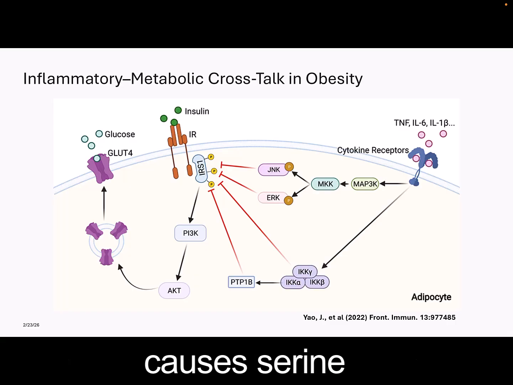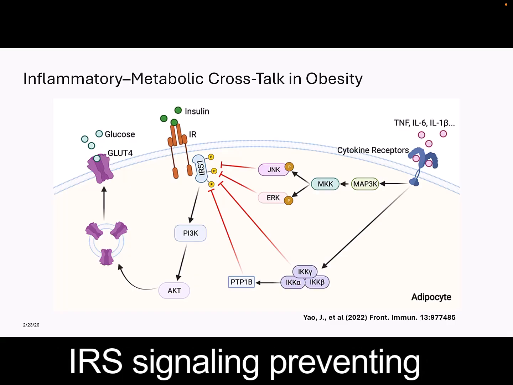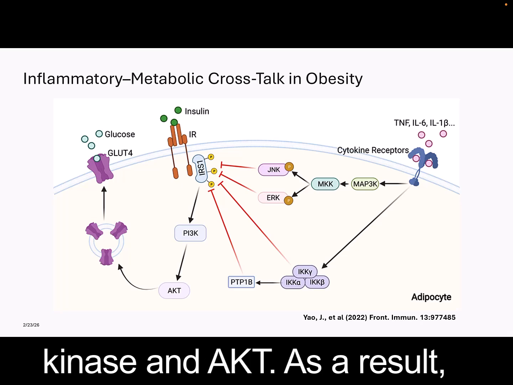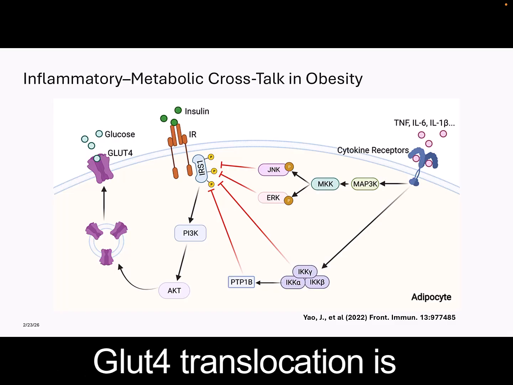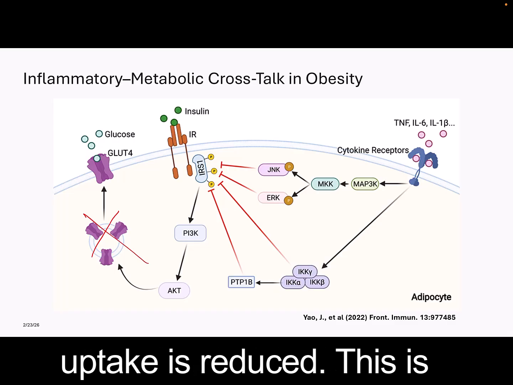Cytokine signaling causes serine phosphorylation that disrupts IRS signaling, preventing effective activation of the PI3 kinase and AKT. As a result, GLUT4 translocation is impaired and glucose uptake is reduced.